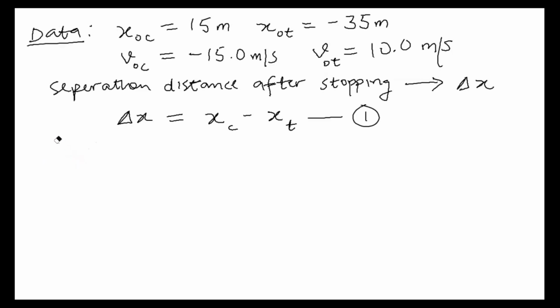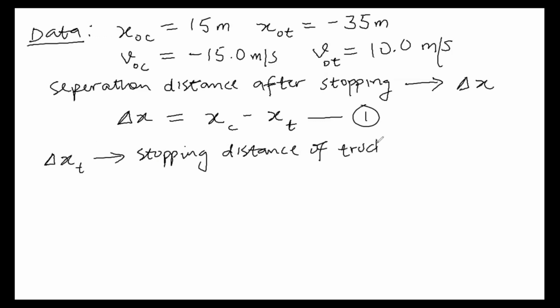The distance that the truck has covered, okay, so I'll call it stopping distance of the truck. And then this one, I'll call it the stopping distance of the car. So I have this notation.